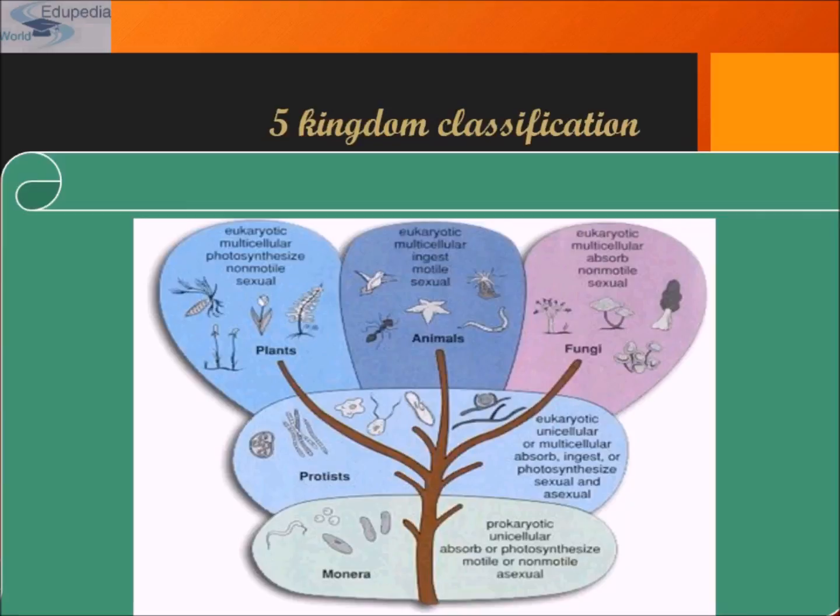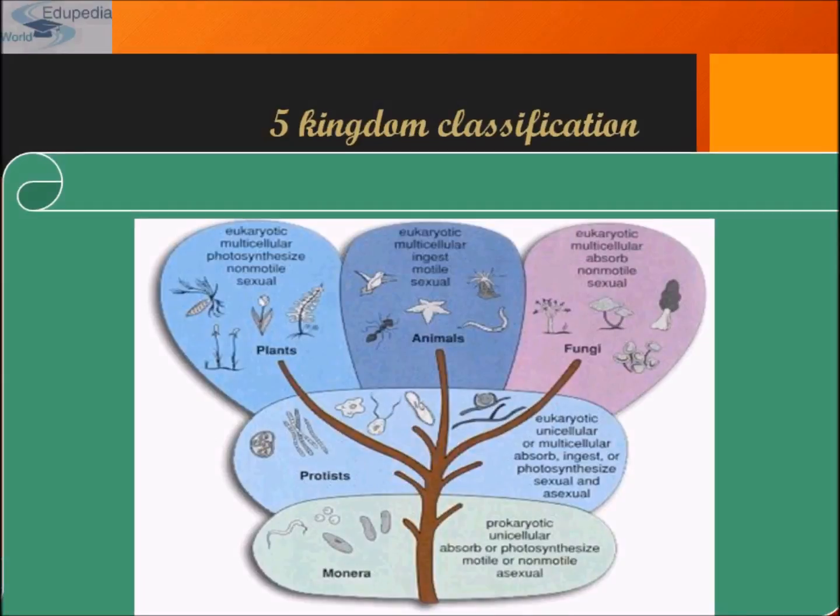And one thing, Plantae is also known as Metaphytae. Kingdom Metaphytae. They are eukaryotic multicellular plants. They contain chlorophyll pigment, which helps them prepare their own food by the process of photosynthesis. This kingdom includes all types of plants like herbs, shrubs, trees, flowering and non-flowering plants.